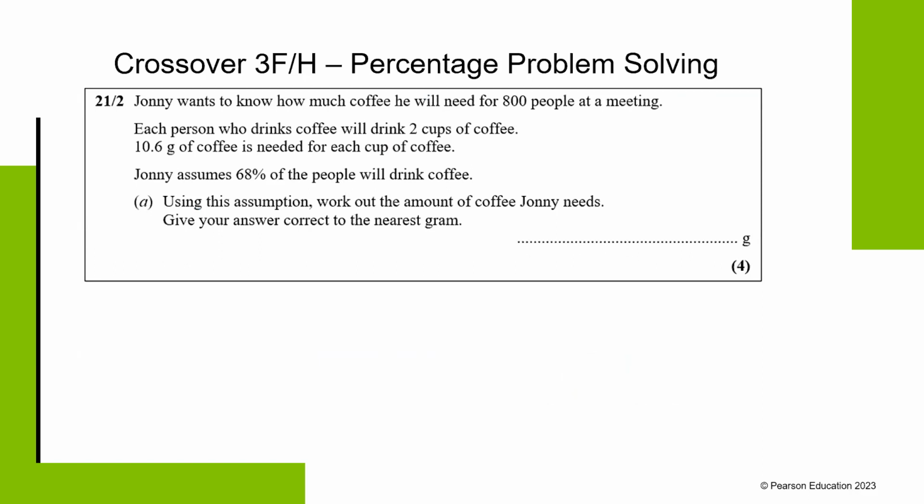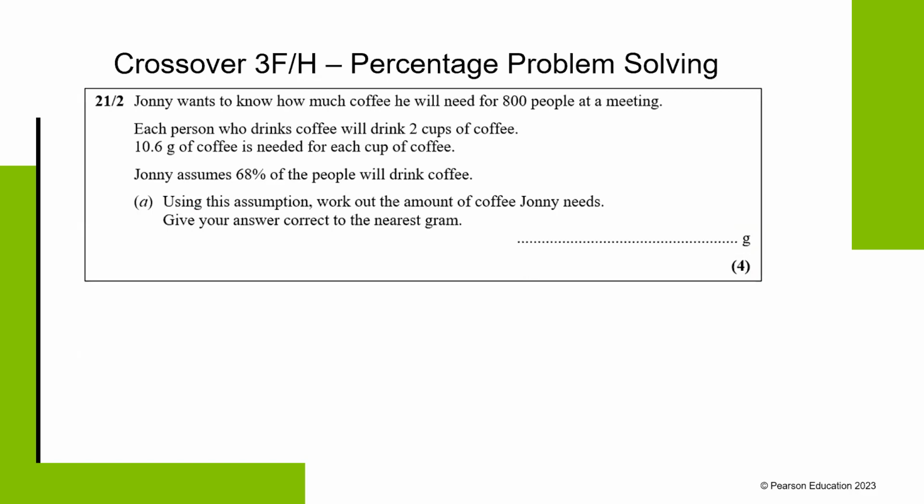There were a lot of common errors, especially on the higher tier. If the student didn't get the correct amount of coffee, it was usually because they were dividing 1088 by 10.6 instead of multiplying to give that final answer of 103. Obviously, students can use calculators for this paper, and quite a big proportion of students used that build-up method.